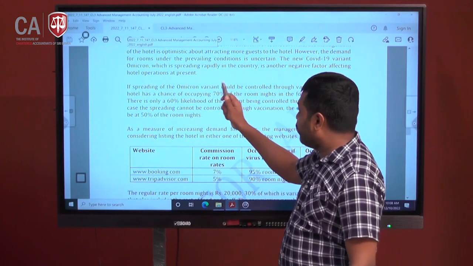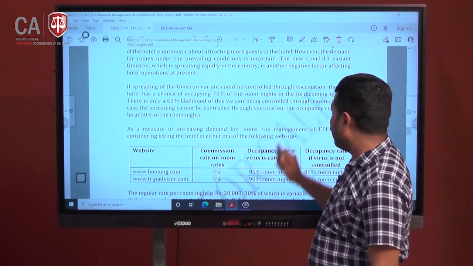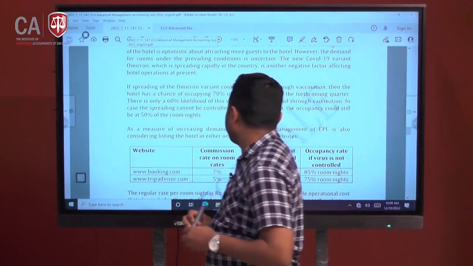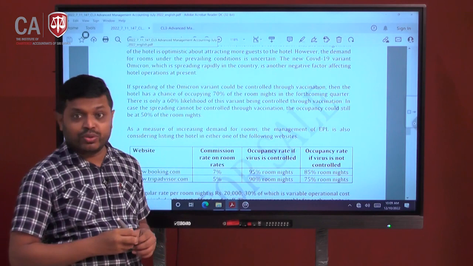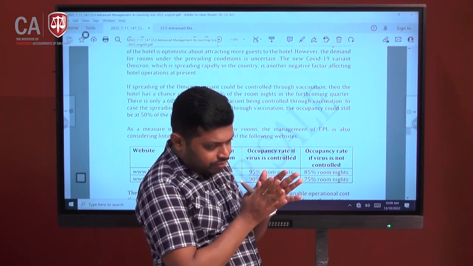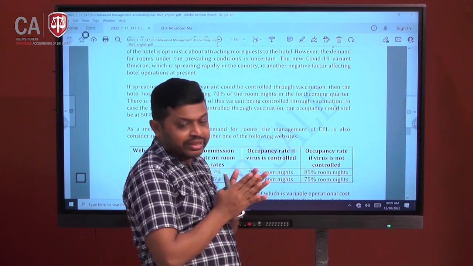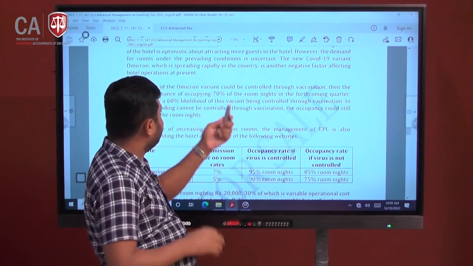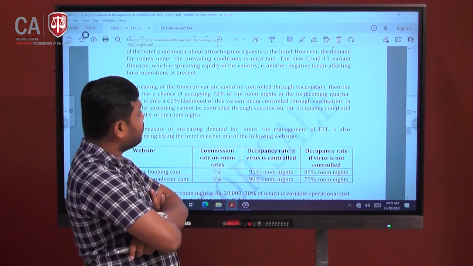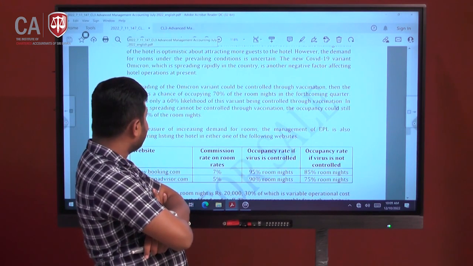If the spreading of the Omicron variant could be controlled through vaccination, then the hotel has a chance of occupying 70% of the room nights in the forthcoming quarter.